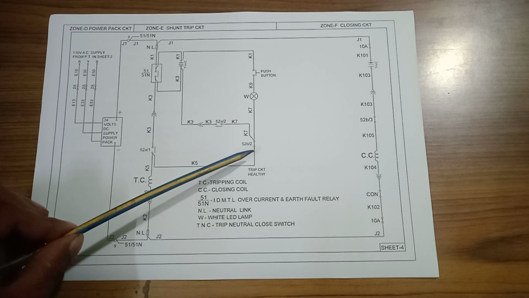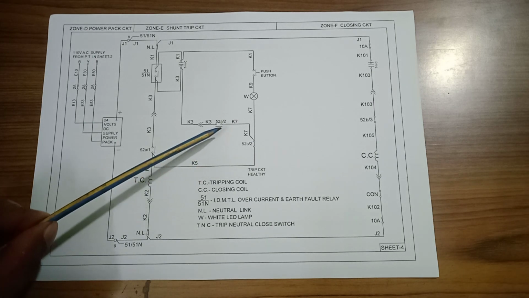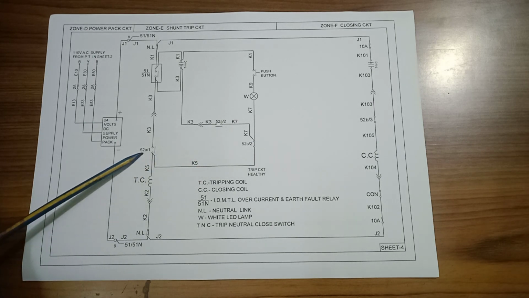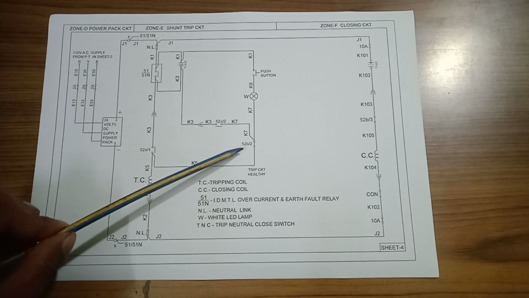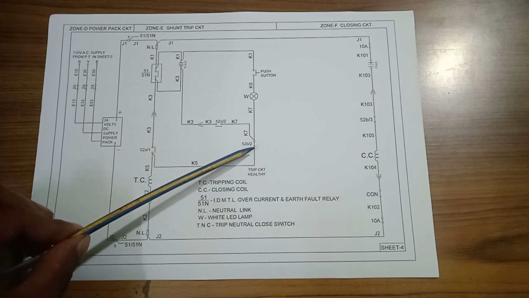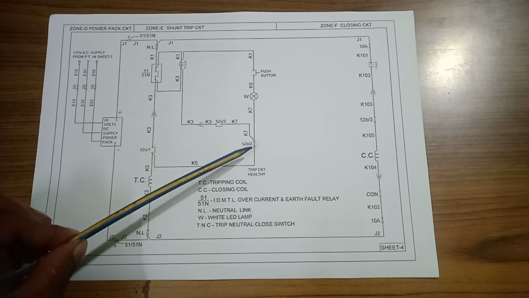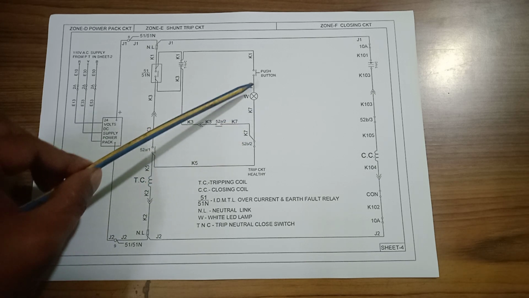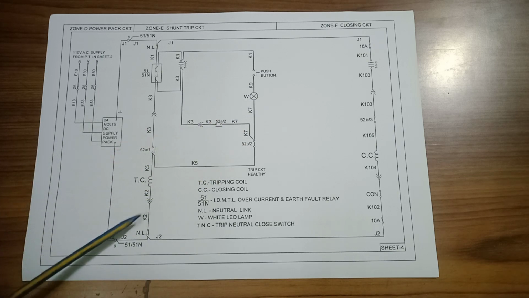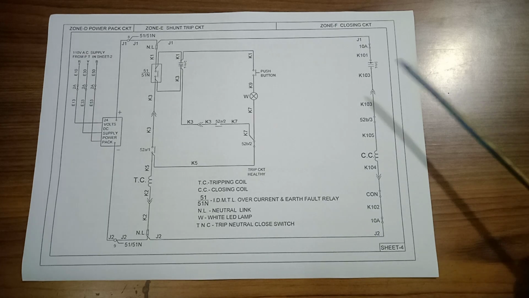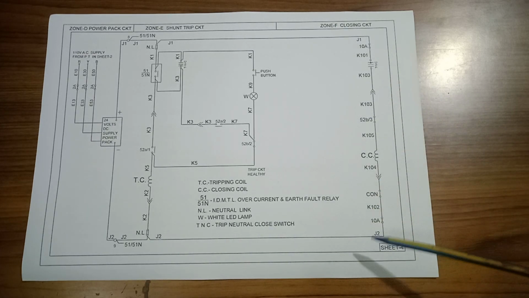And when it is in off position, these are open. 52B by 2 is in closed position, in off position, then the power goes this way to the trip coil. Again, here is the closing circuit.